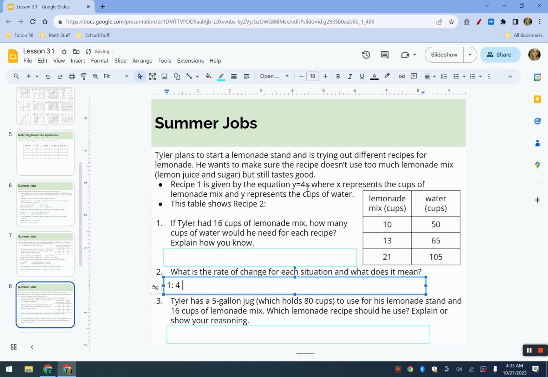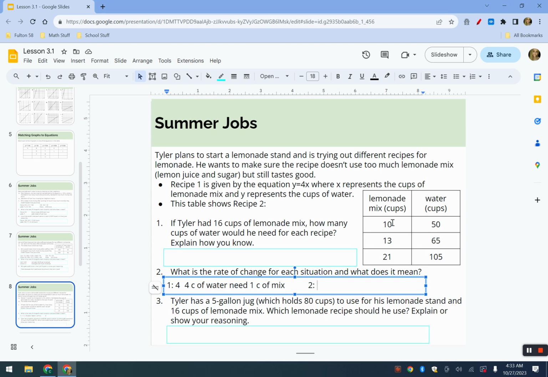So 4 cups of water need 1 cup of mix. And then for number 2, recipe 2, we have to figure out what that rate of change is, what our constant of proportionality is.